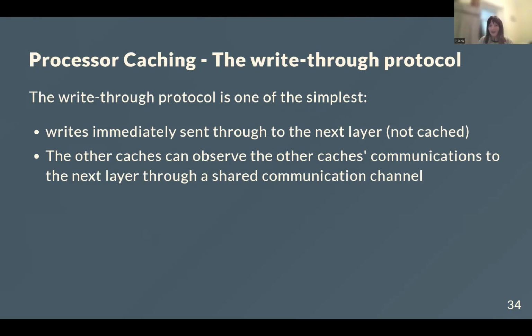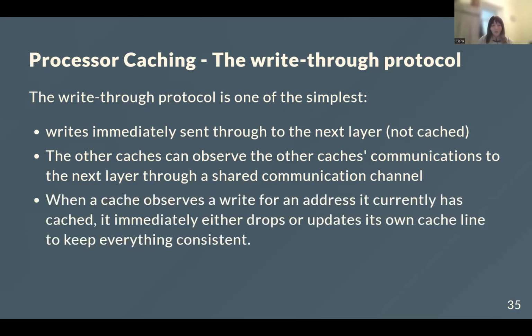So you can see if another cache has written some memory. And if the cache observes a write for an address that it has cached, then it's going to immediately drop that cache line or update it to keep everything consistent. So it's looking out for writes. If it sees a write, then it's going to invalidate its own memory and either drop it or update it with the latest value.